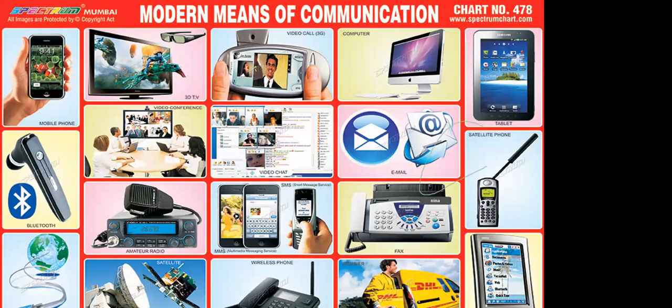Let me see. I have Charles. Charles has seen a TV and he says it's used for getting current news. That's correct. Josiah has also seen a tablet. Josiah, what is a tablet?